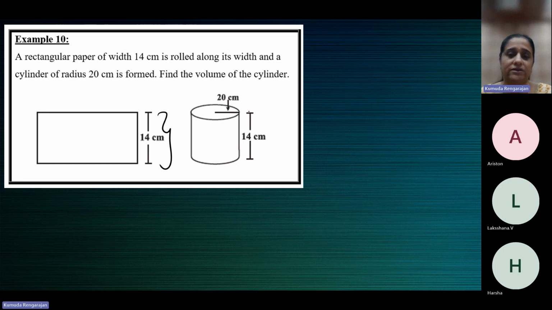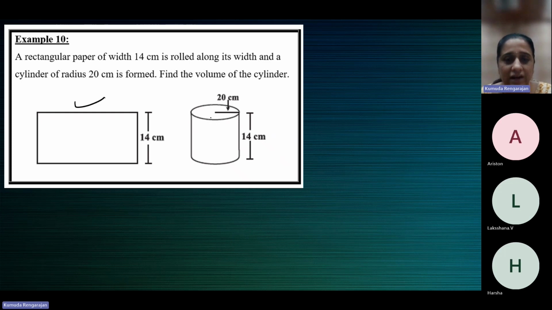Find the volume of the cylinder. So to find the volume of the cylinder, the formula is pi r square h. The radius of the cylinder, 20. Height of the cylinder, 14. So you have the values straight away. So just use the values and find the volume.